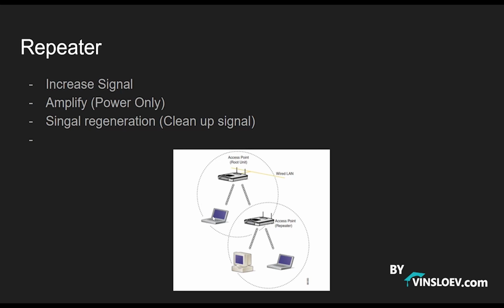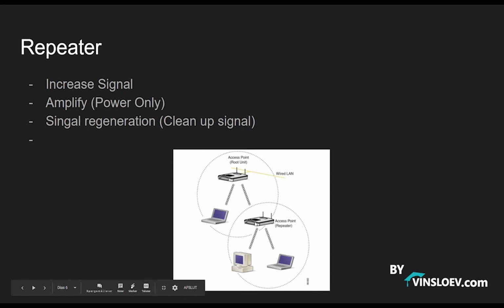And that is why we have these ranges, because at some point the device is simply not able to reach out anymore. So by having this repeater, it can enhance the signal such that we can reach a much larger area.